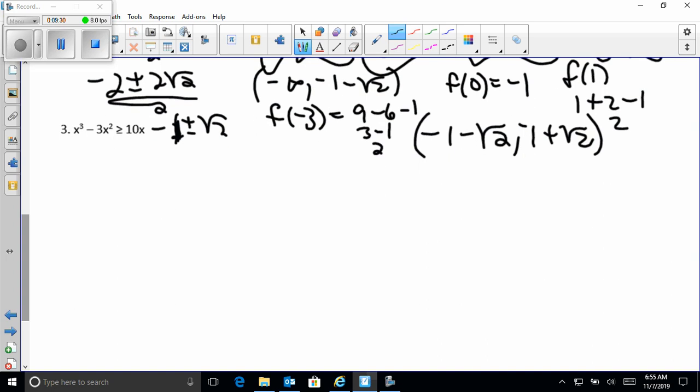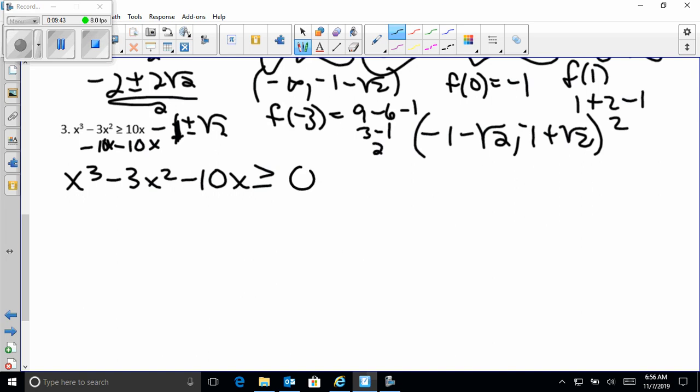All right, and then this third problem, before we do the rationals. We have x to the third minus 3x squared minus 10x is greater than or equal to 0. So this one we're going to be careful with that equals. Factoring, we'll factor out an x. So we get x times x squared minus 3x minus 10 is greater than or equal to 0.